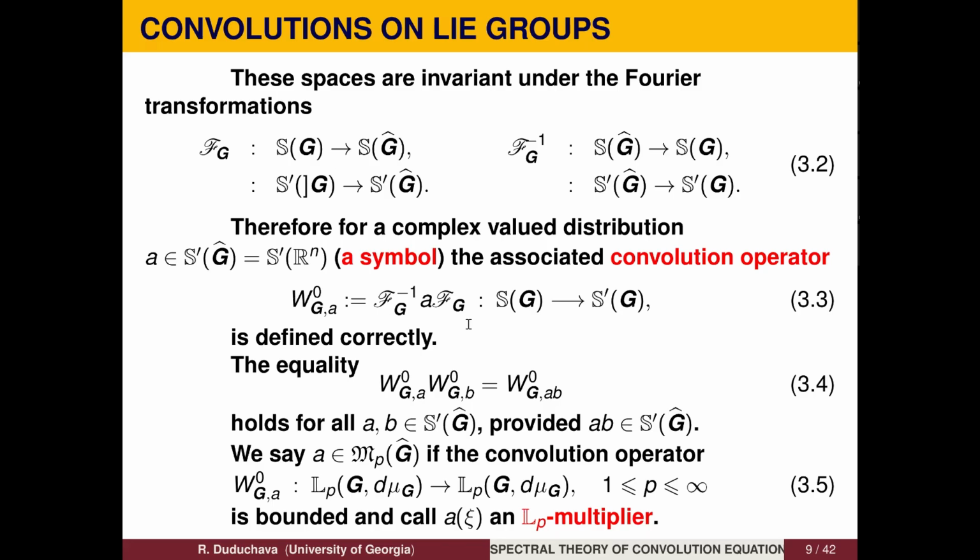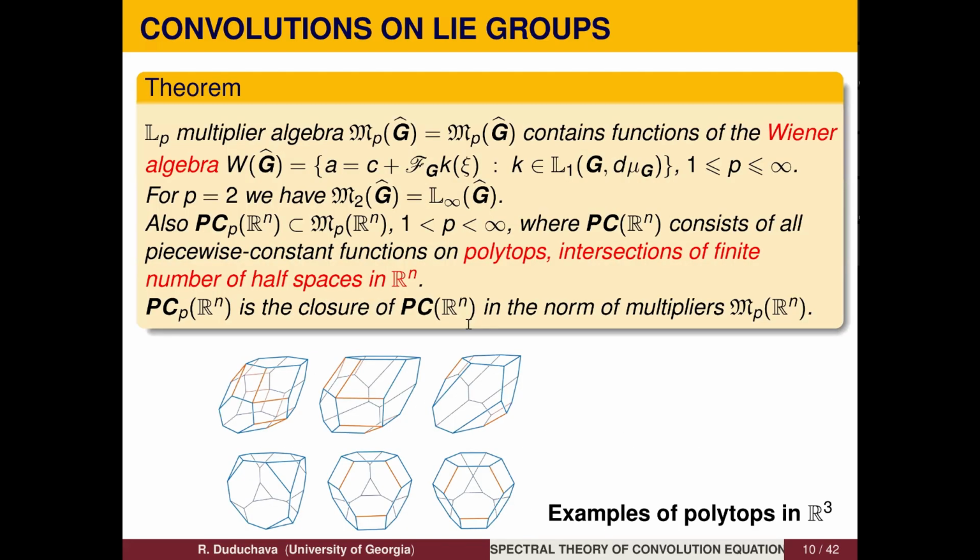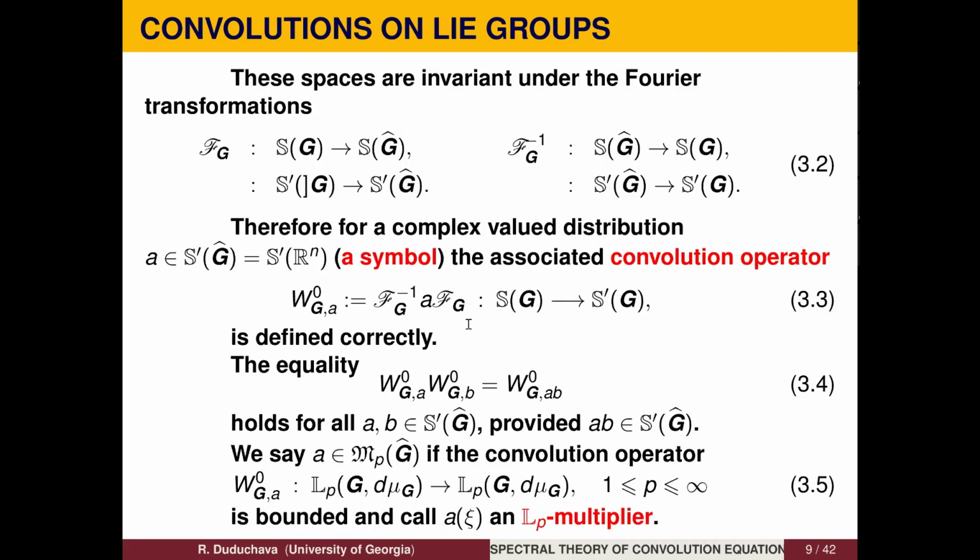We take the Fourier transform of a function, which maps S to S, I mean Schwarz space to Schwarz space, then multiply it by a distribution, which is the symbol. Now we are in distributional space.